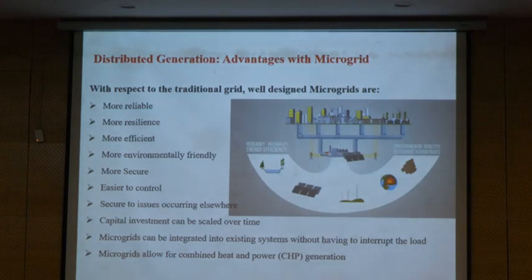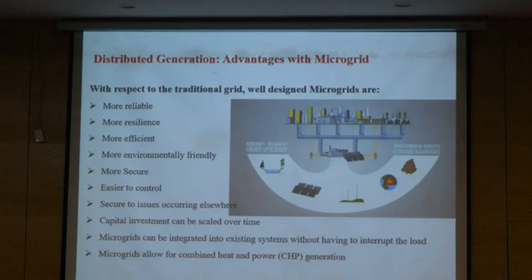Capital investment can be scaled over time. It means that after spending some money, it returns because you don't pay the distribution company. A microgrid can be integrated into the existing system. If the government lets you, you can provide electricity and sell it to the distribution grid.